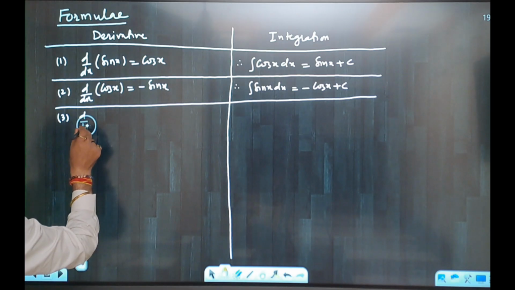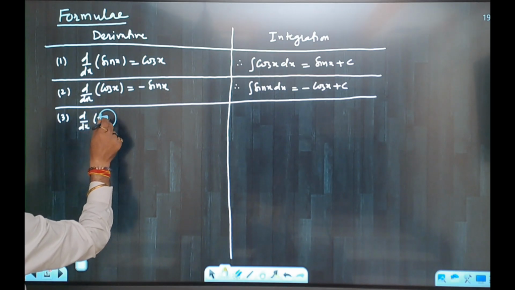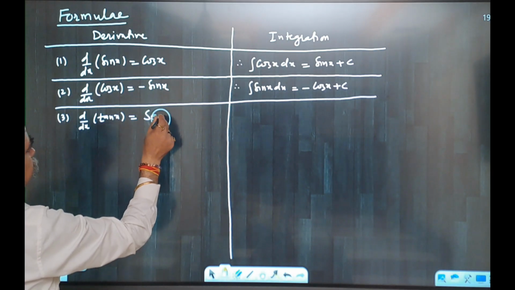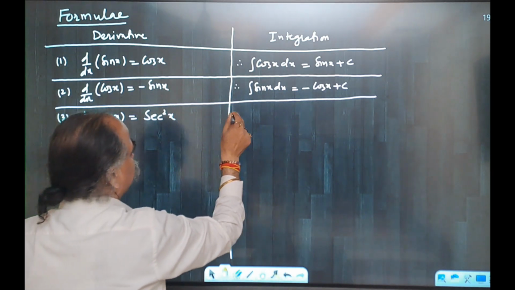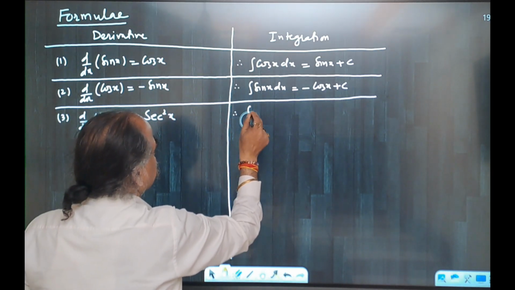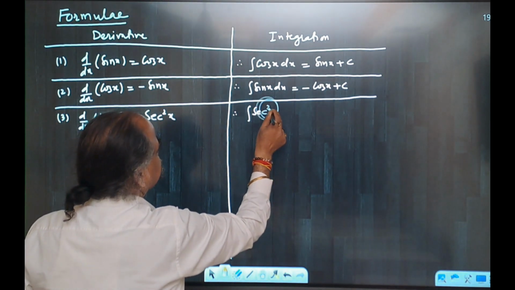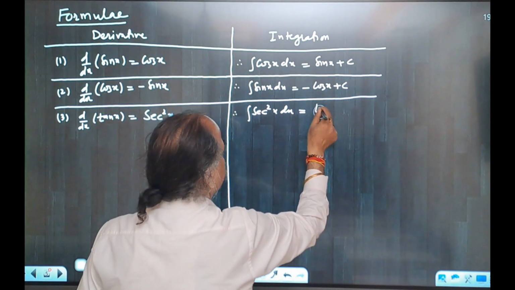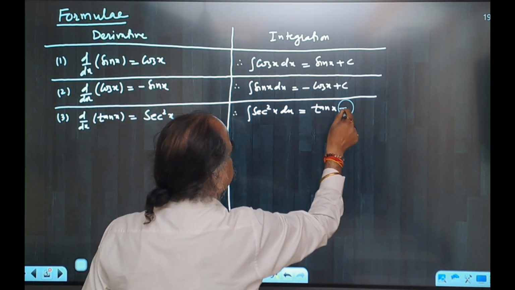Derivative of tan x is sec square x. Therefore, integral of sec square x with respect to x is tan x plus c.